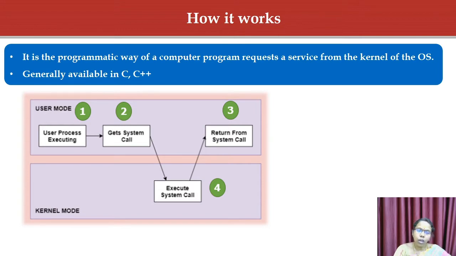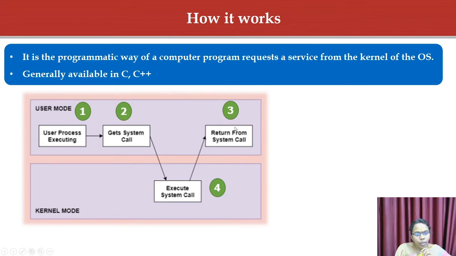So the system call executes the services in the kernel mode. Whatever service we request, those services are executed in the kernel mode. Once the service is completed, it returns from the system call and switches back to the user.